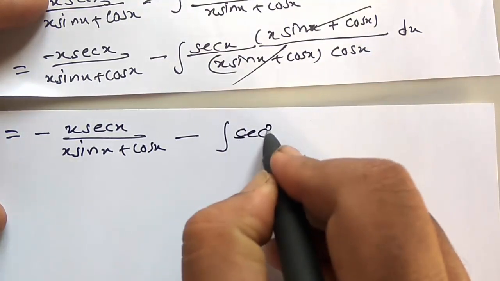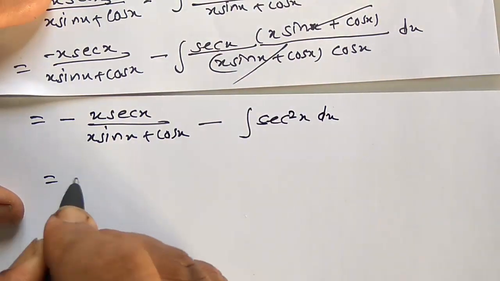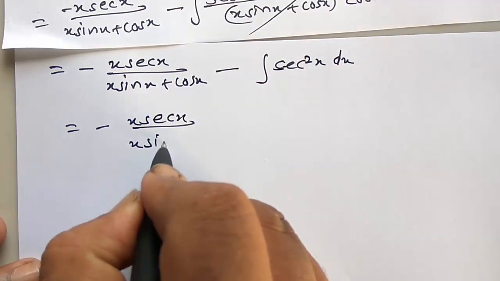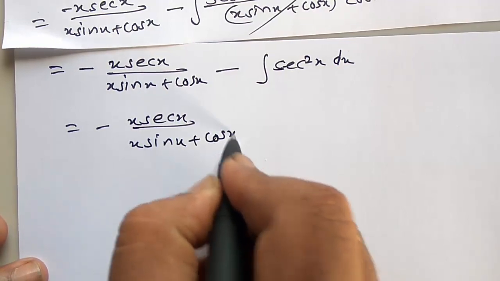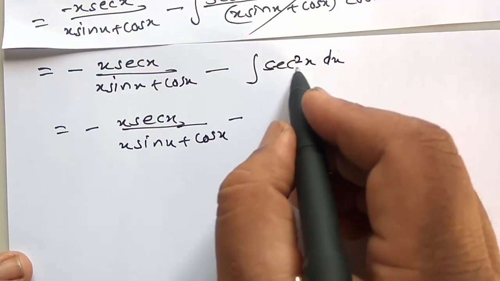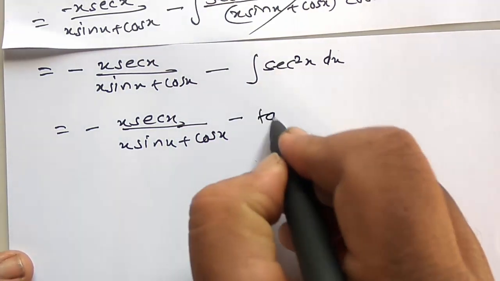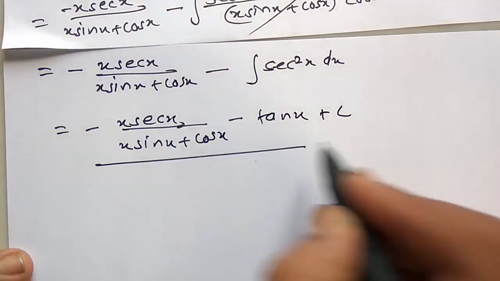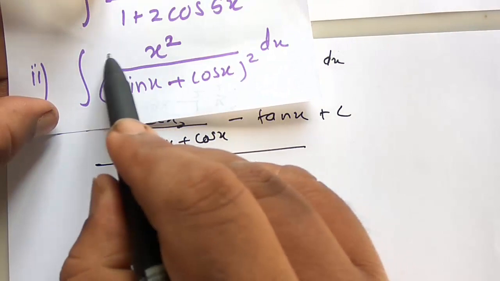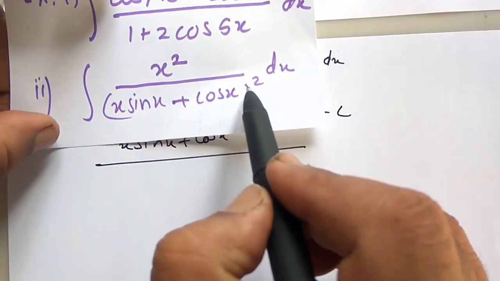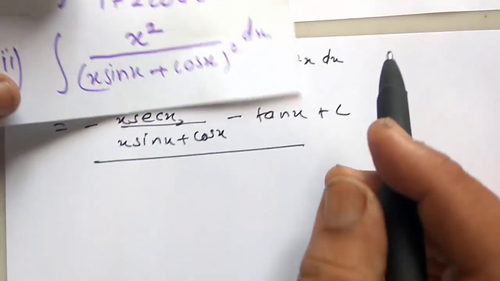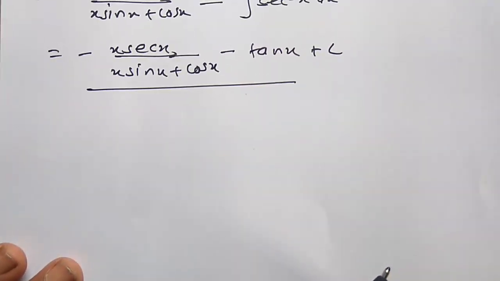So it is sec square x dx, equal to minus x sec x upon x sin x plus cos x minus, we know that sec square x is the derivative of tan x, so it is minus tan x plus some constant. So this is the integration of x square upon (x sin x plus cos x) whole square dx. Thank you for watching my video.